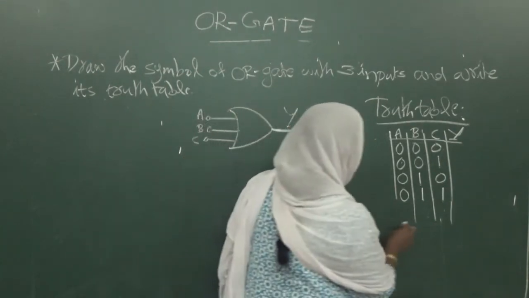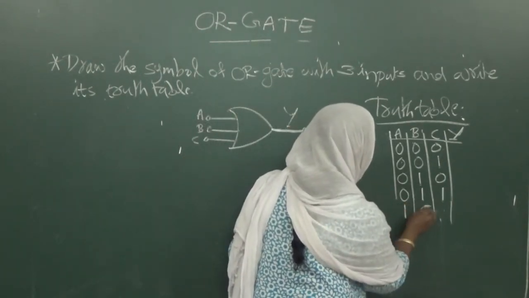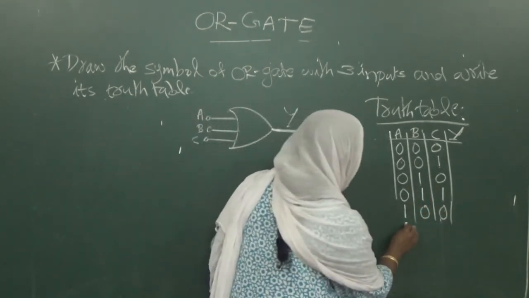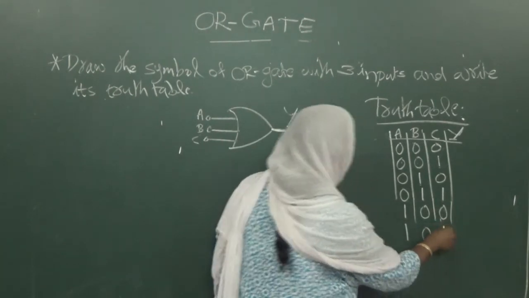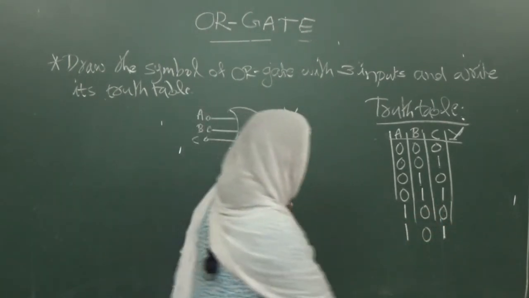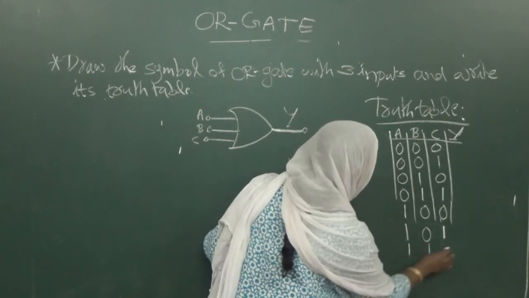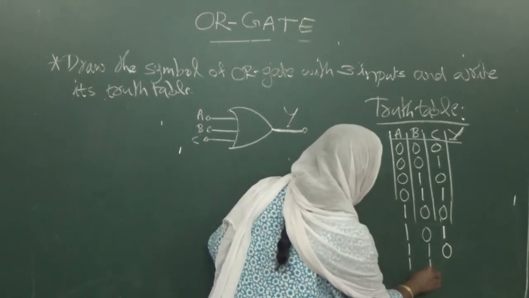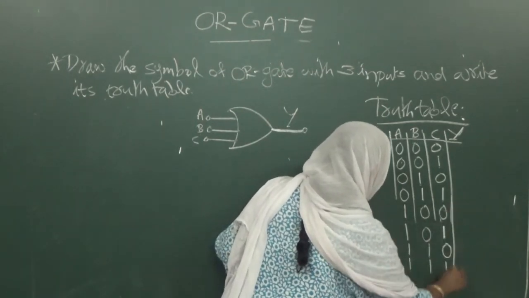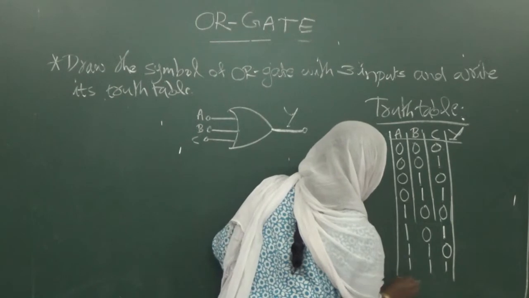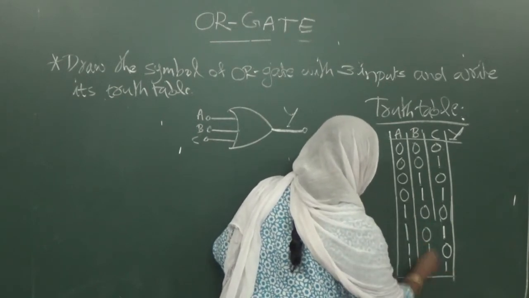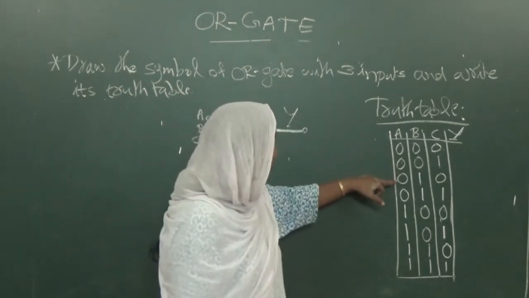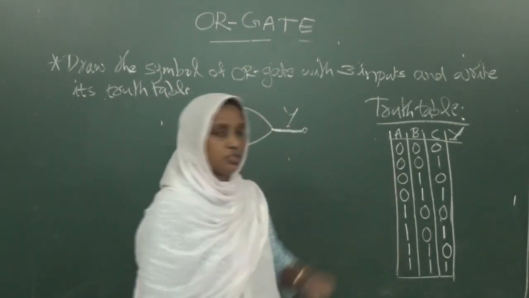Then 1, 0, 0. 1, 0, 1. Then 1, 1, 0. Then 1, 1, 1. Okay. 1, 2, 3, 4, 5, 6, 7, 8.